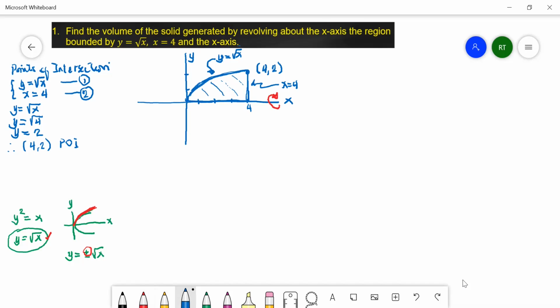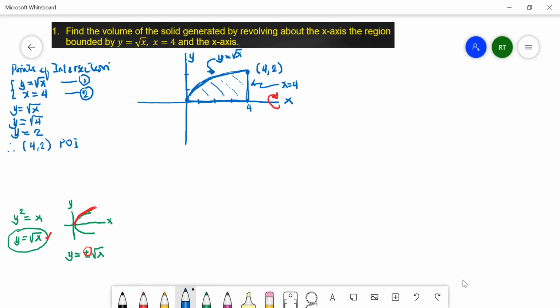Now, you may also draw the solid, but it is not a requirement on my part. I am not going to require you to draw the solid. What I am going to require is to draw the element and the solid of revolution formed by the element, the appropriate element.